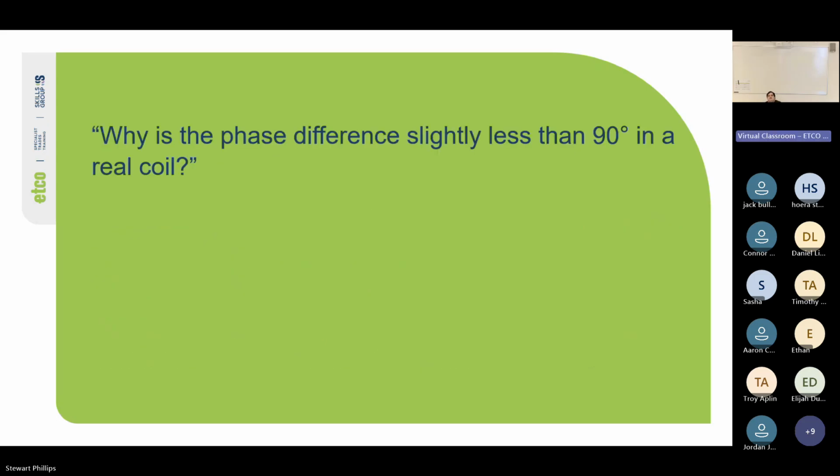Why is the phase difference slightly less than 90 degrees in a real coil?